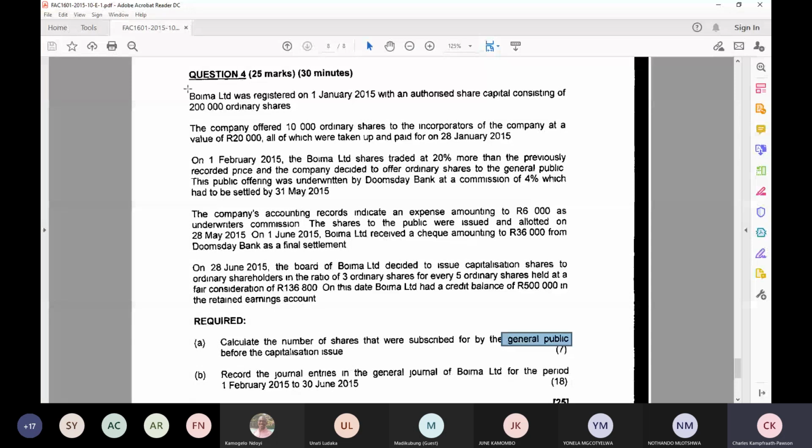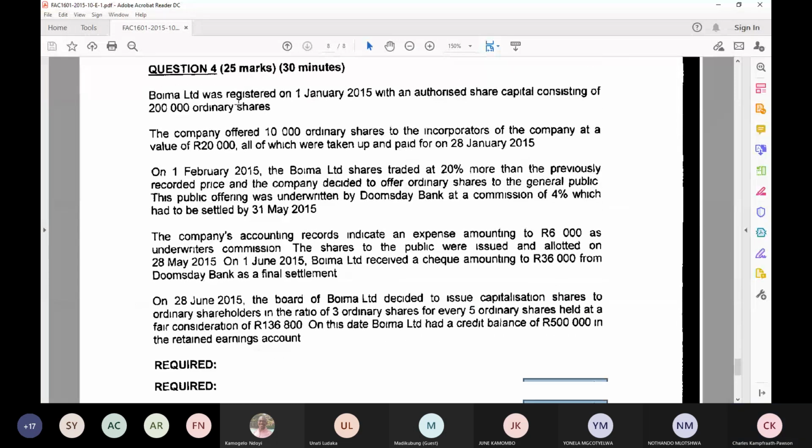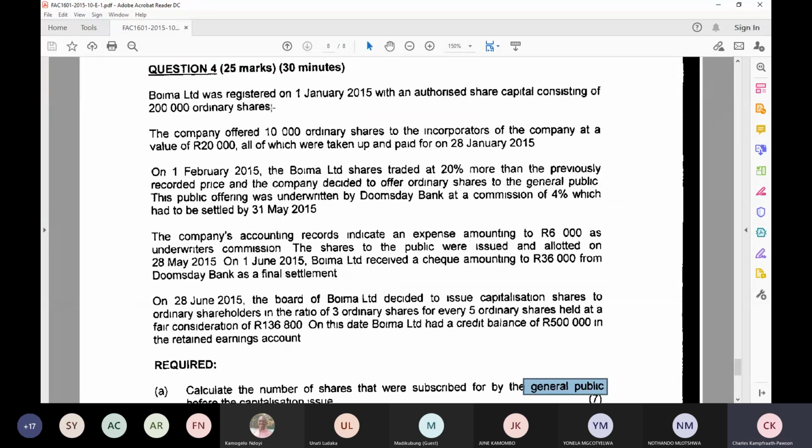So let's read the question. So BOMA Limited was registered on the 1st of January 2015 with an authorized share capital consisting of 200,000 ordinary shares. The company offered 10,000 ordinary shares to the incorporators of the company at a value of 20,000, all of which were taken up and paid for on 28 February 2015. On the 1st of February 2015, BOMA Limited shares traded at 20% more than the previously recorded price, and the company decided to offer ordinary shares to the general public.